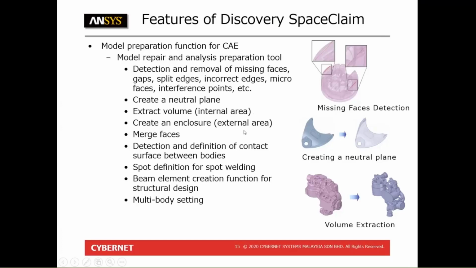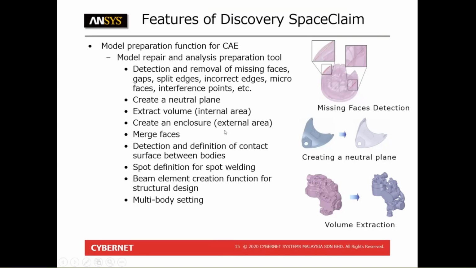Also, if you are interested in changing a solid into a shell, so basically a plane, a surface type of model, you can use the neutral plane capabilities of Discovery SpaceClaim. For example, if you want to make an internal fluid analysis, you can use the Fill or Volume Extract tool for the internal area right here.